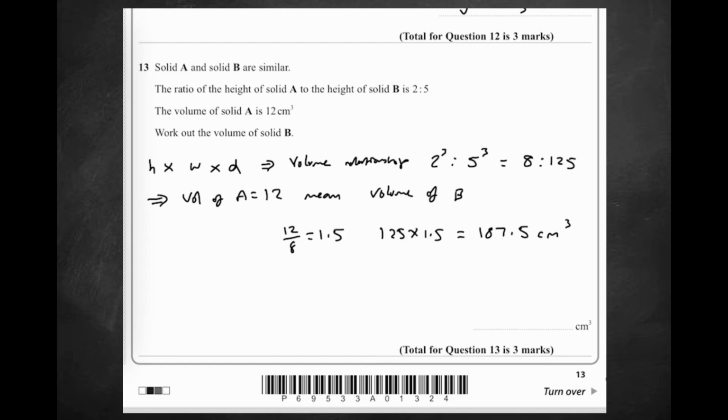All I've done there is I've said the volume of A is 12, and that the volume of A to the volume of B has a ratio of 8 to 125.